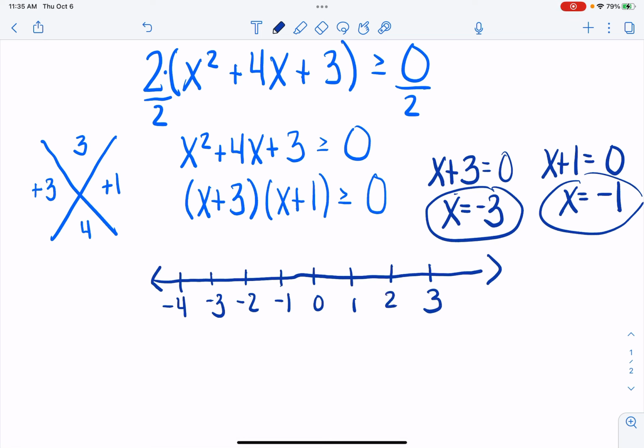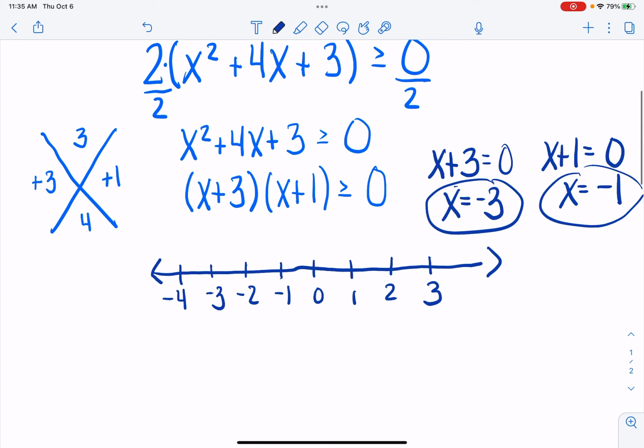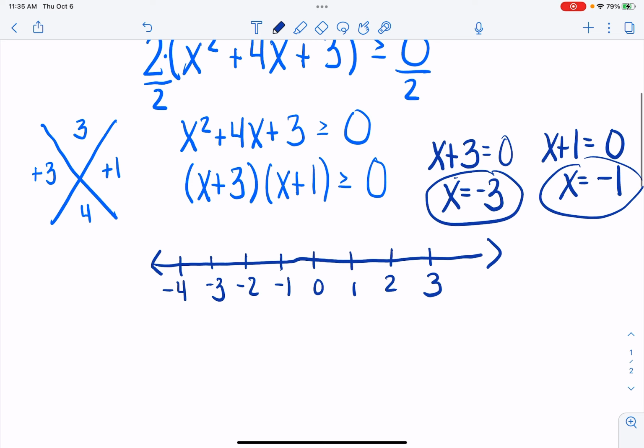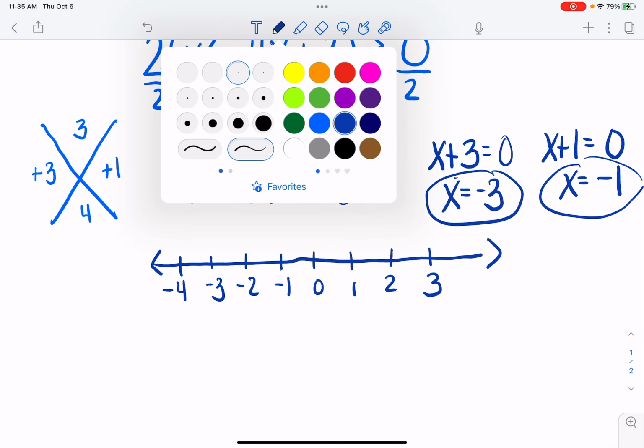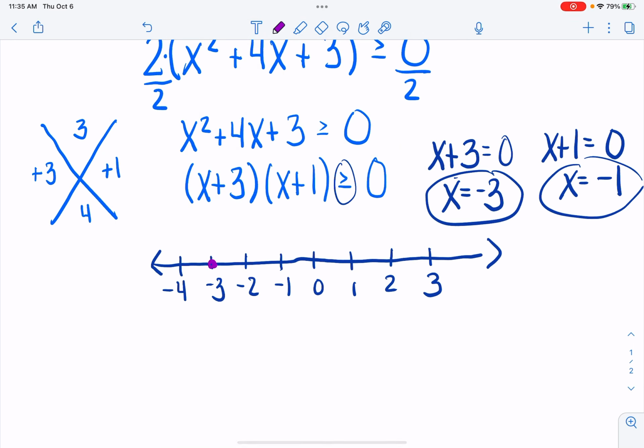That's a number line that would look around where negative 3 and negative 1 are. Now I'm going to plot my two solutions. First, I look at my inequality, and I see it has a line underneath, which means I'm going to have a closed circle on negative 3 and a closed circle also on negative 1.